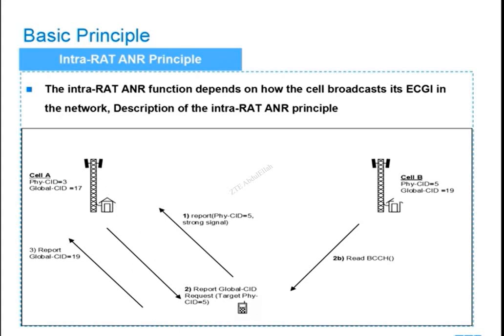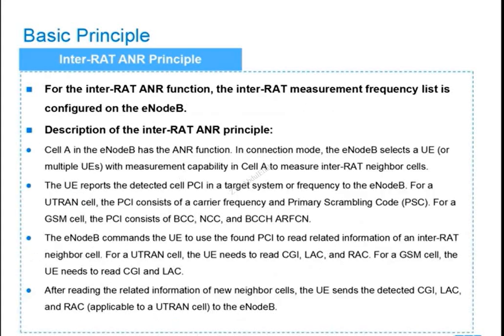When the UE gets this command, it will read the target PCI cell B, read the BCCH to get the SIB1 information, obtain the ECGI, the target TAC and PLMN ID, and report to cell A. And cell A could add it to the temporary neighbor cells. This is the basic principle of intra-RAT.